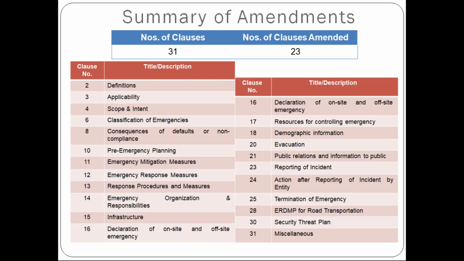Some amendments were made within those 31 clauses. These are the titles, or we can say the index, of what the overall emergency plan should consist of. Any regulation normally starts with definitions, so all the definitions are given. What is an on-site emergency plan?